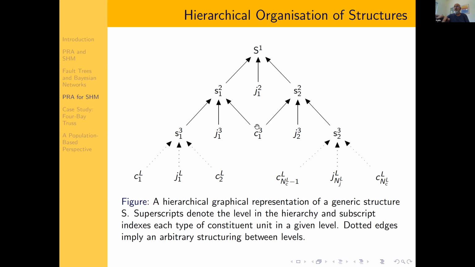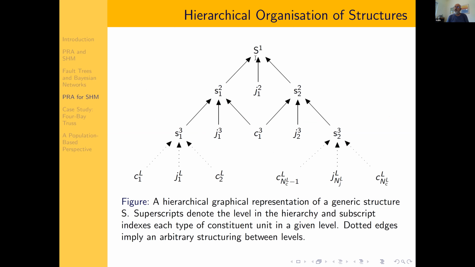And so here's a sort of hierarchical representation where we've got two components at this level L, joined together through some joint, and that forms a substructure, S13. That might be joined with other substructures or even more components to generate another level of substructure, and then eventually we get to a structure.